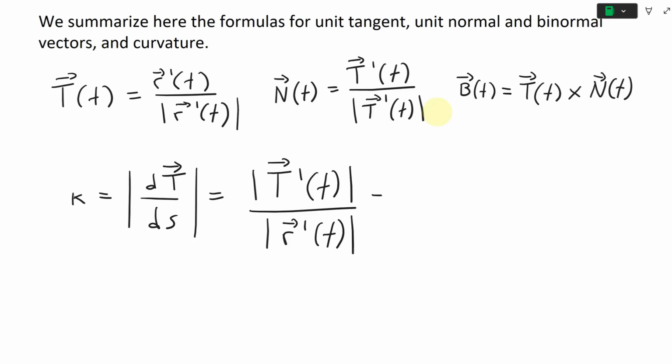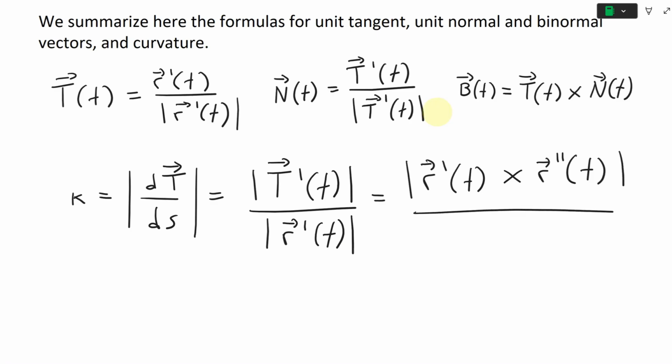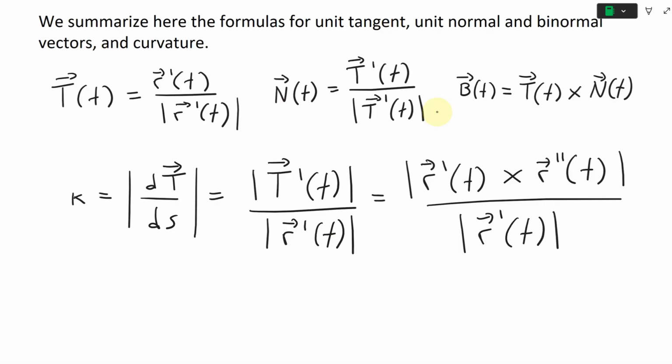And then this all equals the length of the cross product of the first derivative of the vector function with the second derivative of the vector function, all divided by the length of the first derivative of the vector function, r prime of t, cubed. All right, so we got all that.